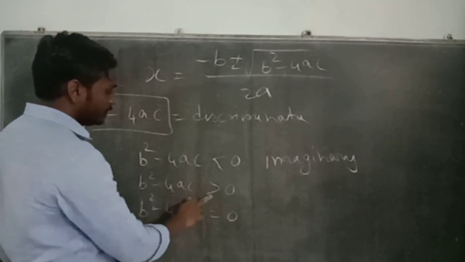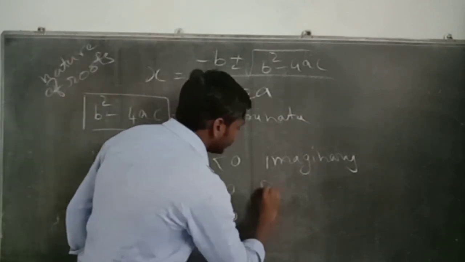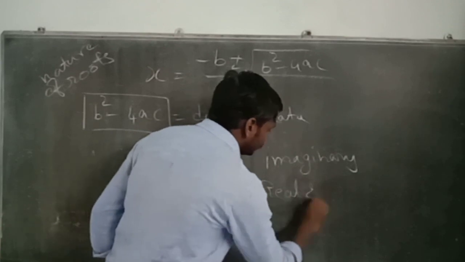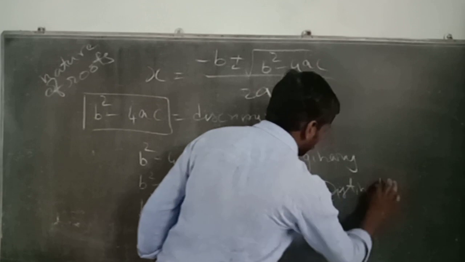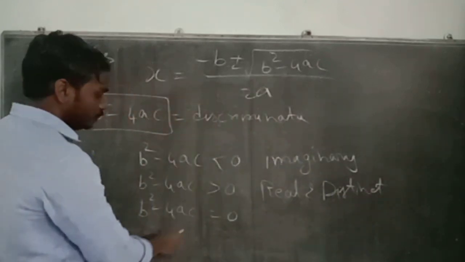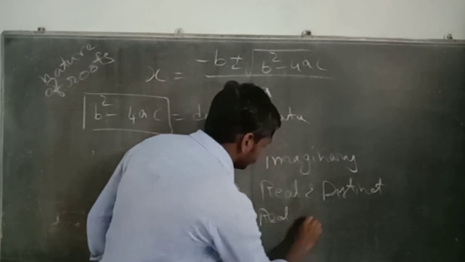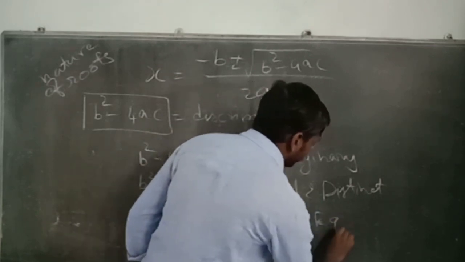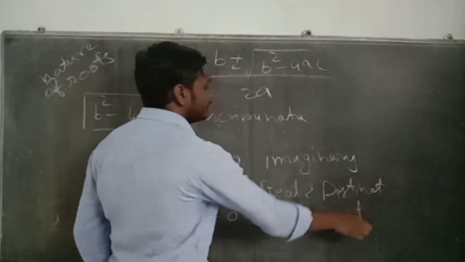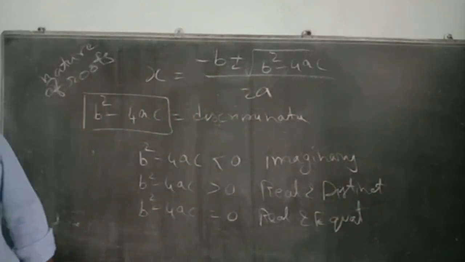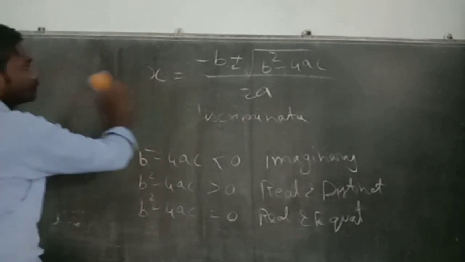If b square minus 4ac is greater than 0, then the roots are real and distinct. If b square minus 4ac is equal to 0, then the roots are real and equal. So these are the main important concepts while we solve a quadratic equation.